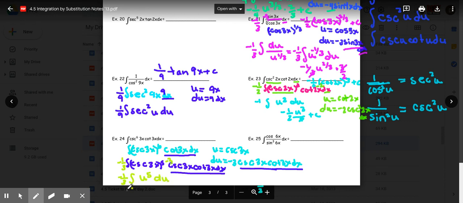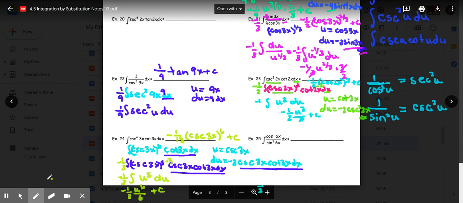So you're integrating this with normal power rules. So it'd be u to the 6th over 6 plus c. And the last step would be to simplify it. So it'd be negative 1/18 u, which is cosecant 3x. You're going to raise the whole thing to the 6th power plus c.